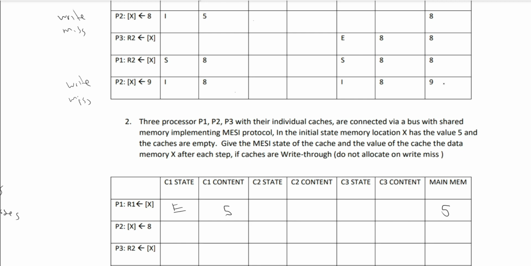But since it's not in the cache, then we have to look at if it's allocate or do not allocate. Since it's do not allocate, we won't bring it to the cache, and we'll just update it straight. But then when we update it, cache 1 has it, so it has to be invalidated. So I think it's invalidated with a 5, and then main memory becomes an 8, just like the other with write back.